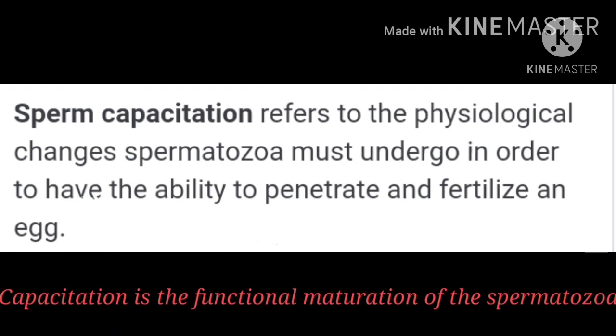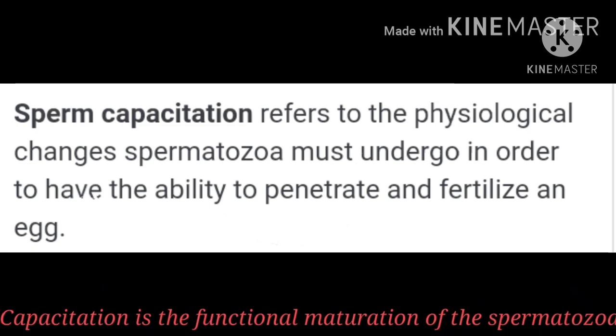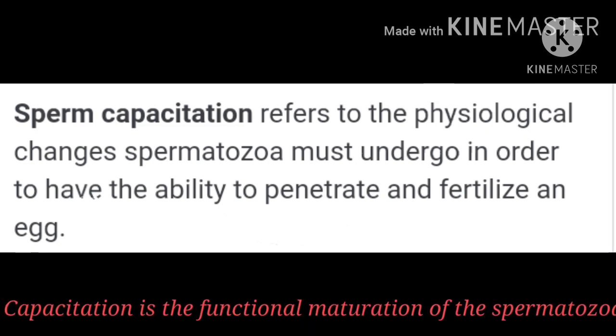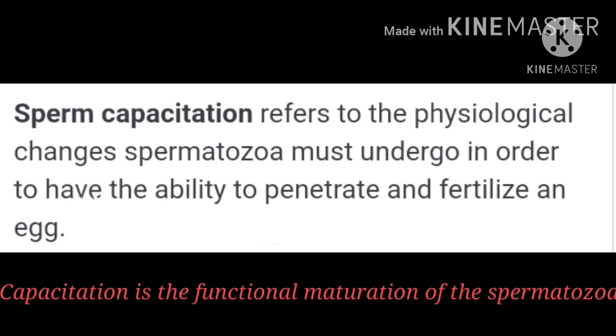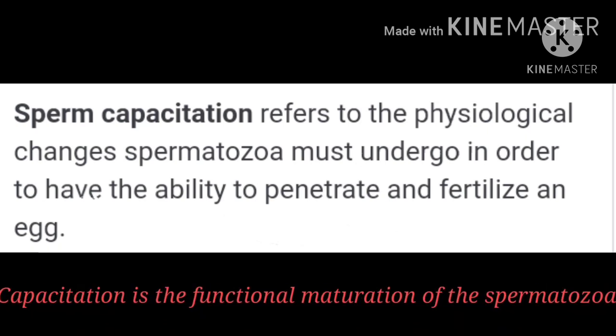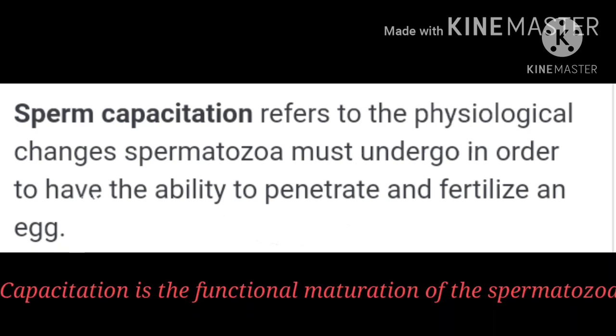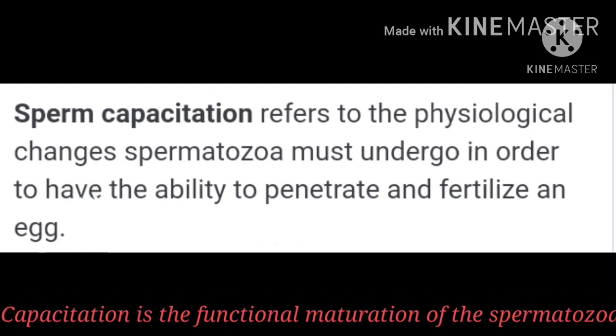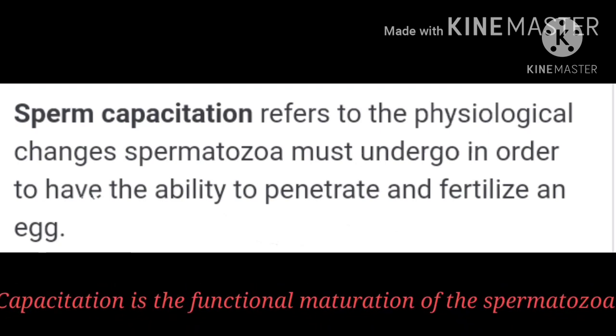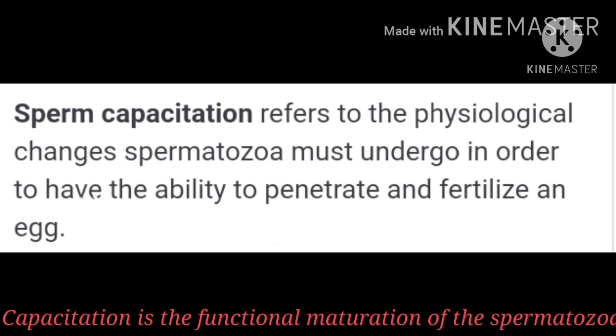Or simply, we can define sperm capacitation as the functional maturation of spermatozoa. When the spermatozoa become functionally mature, only then can they penetrate and fertilize an egg. That is called sperm capacitation.